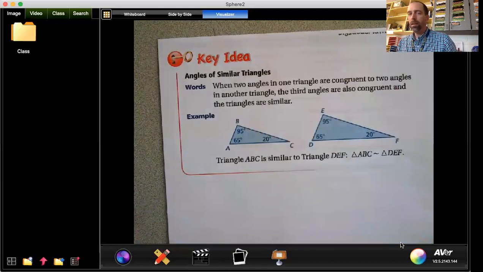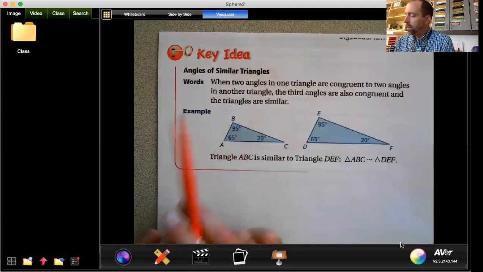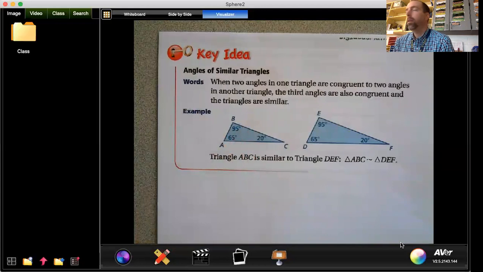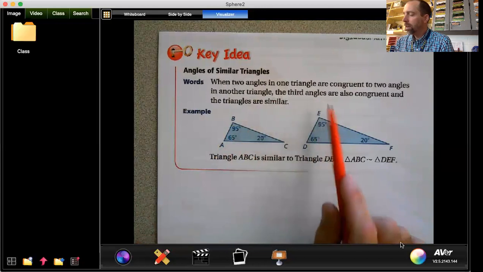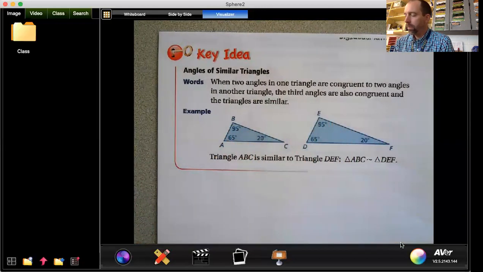So let's look at this key idea for the lesson. The idea is angles of similar triangles. It may seem like a very basic idea, but when two angles in one triangle are congruent to two angles in another triangle, the third angles are also congruent and the triangles are similar.